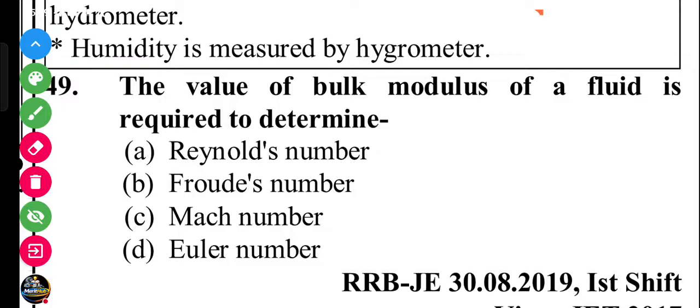The value of the bulk modulus of a fluid is required to determine which number: Reynolds number, Froude number, Mach number, or Euler's number. Bulk modulus requirement means the Mach number.